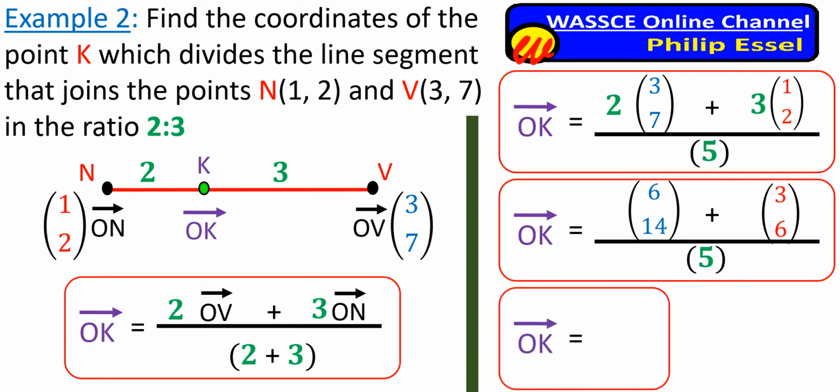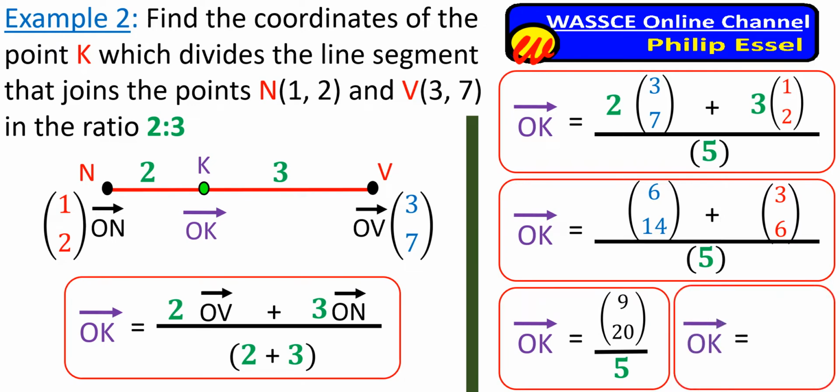When you solve for this, you would get the vector (9, 20) divided by 5. When you solve for this, you get the vector OK to be equal to (9/5, 4).